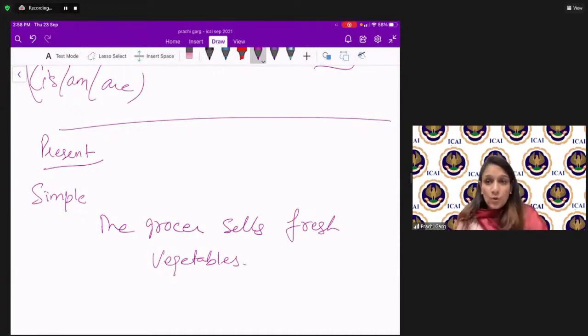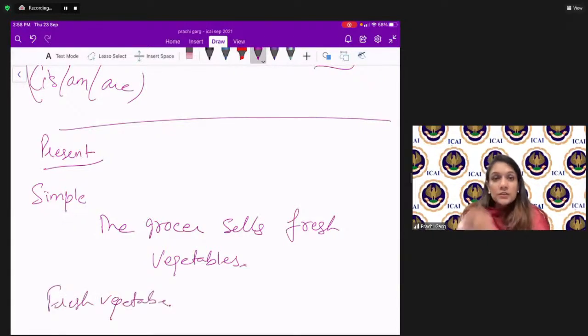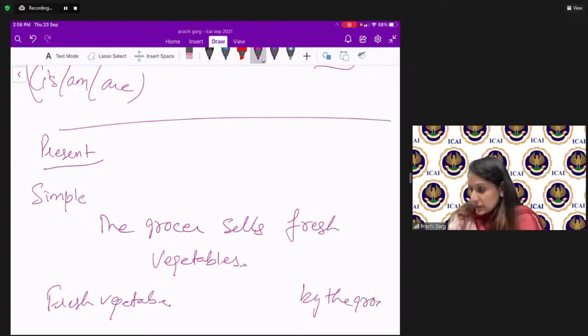Now we simply know that the fresh vegetables will become the subject in passive voice. The grocer will come here and be preceded by the by here, right? Now we are left with sells.